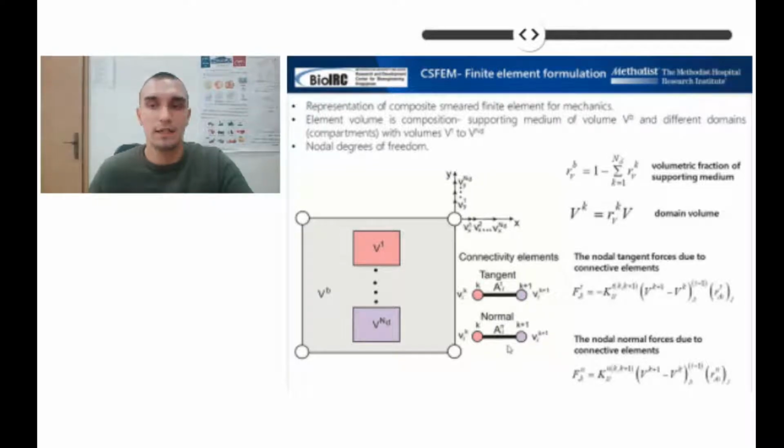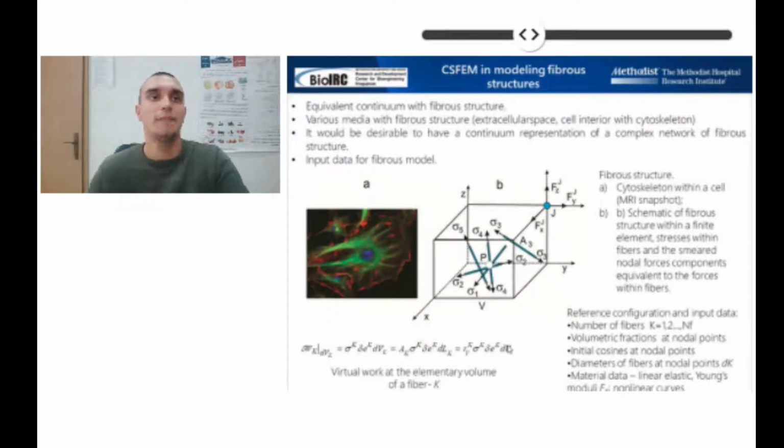Nodal tangent and normal forces due to connectivity elements in the direction of global axis X are presented here as Ft and Fn. And finally, we present the extension of CSF-EM to fiber-like continuum domains.